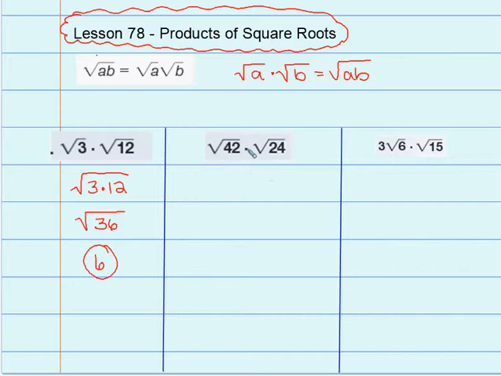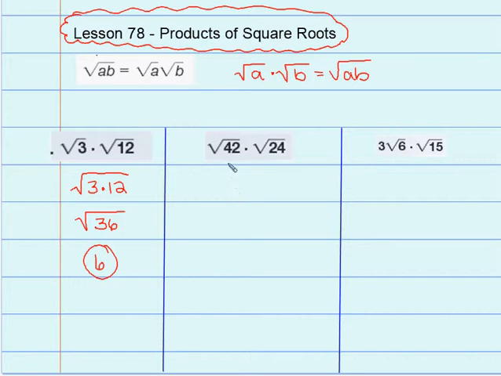Okay, the square root of 42 times the square root of 24. Now, I do not want to try to multiply 42 times 24. That is going to be a large number, and then I'm going to have to try to figure out what numbers go into that number.